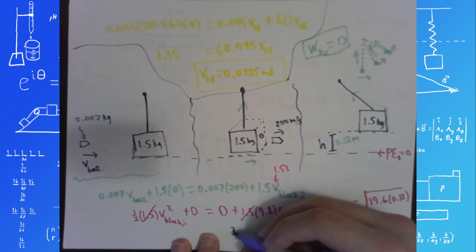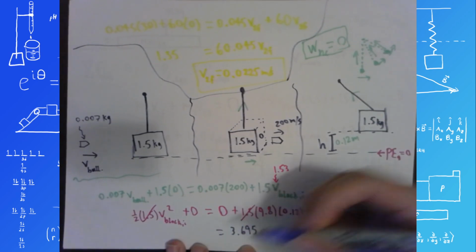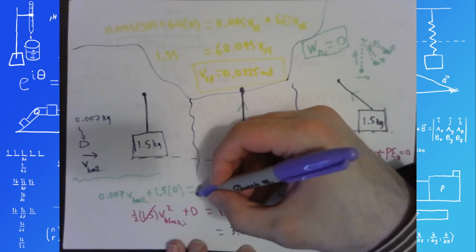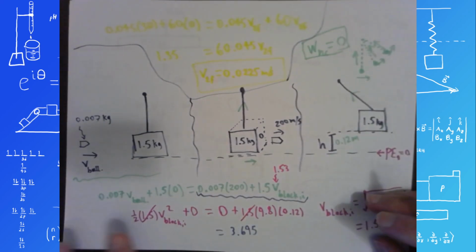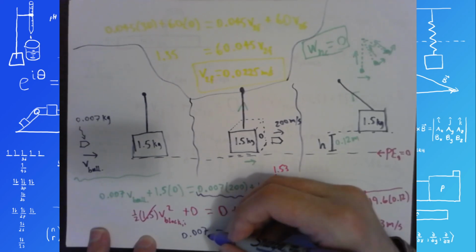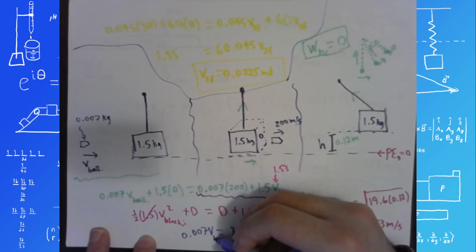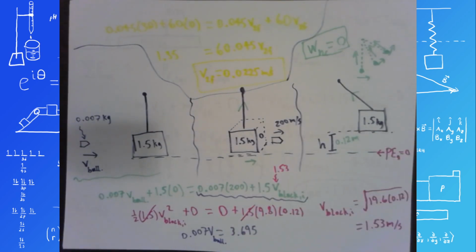Let's switch colors. So I get 3.695 on the right-hand side of this equation equals 0.007 V bullet. And if I divide by 0.007, I get, it better be more than 200.